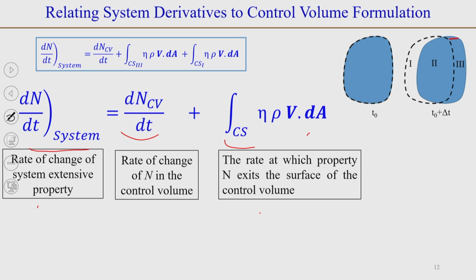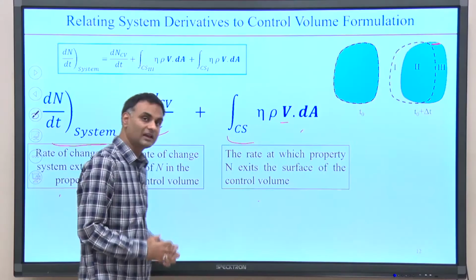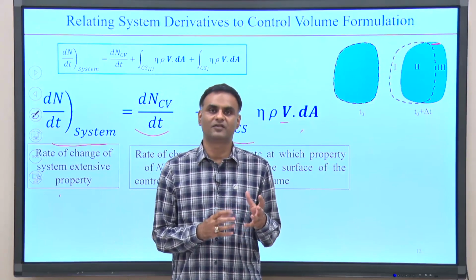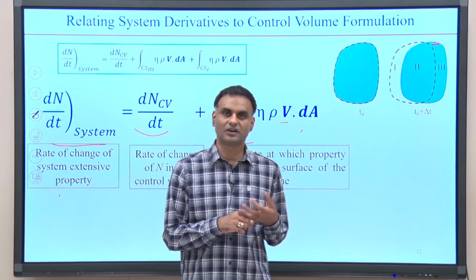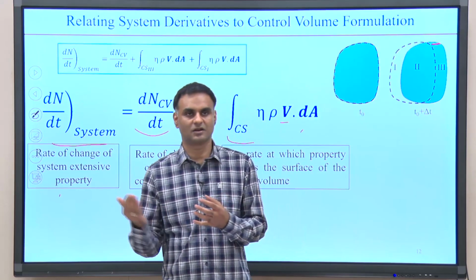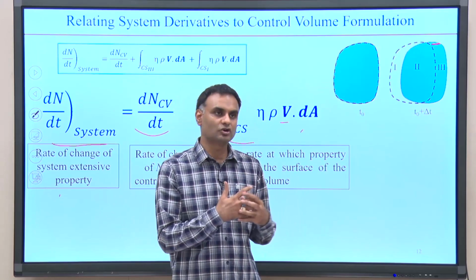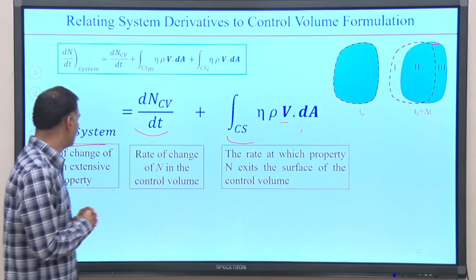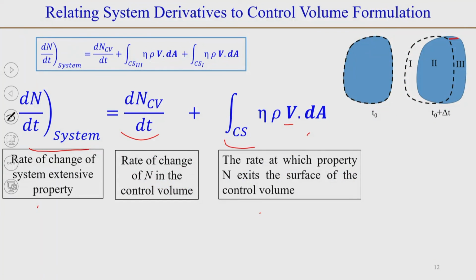If it is coming in, then we have to take the negative sign of V into account, and that will be taken care of by the sign of the outward normal and the velocity vector. This is a mathematical expression that will be very useful when we solve problems and identify what mass, momentum or energy is coming in and going out of the system.